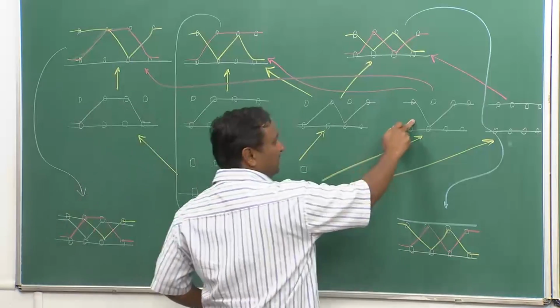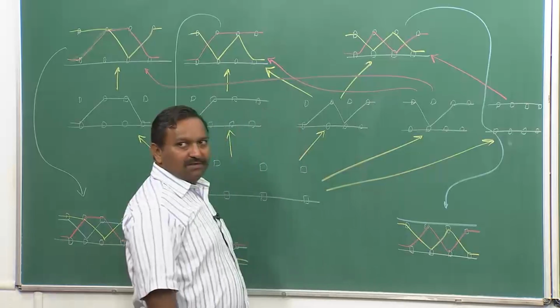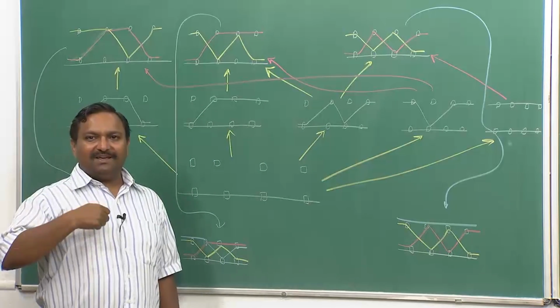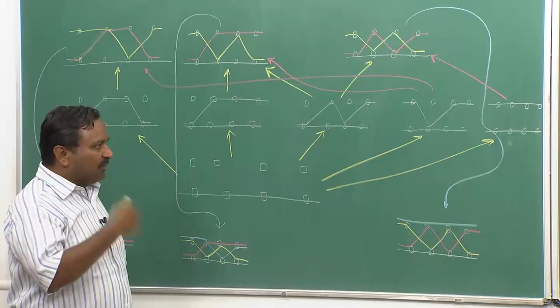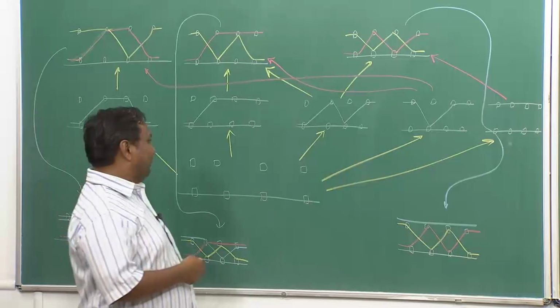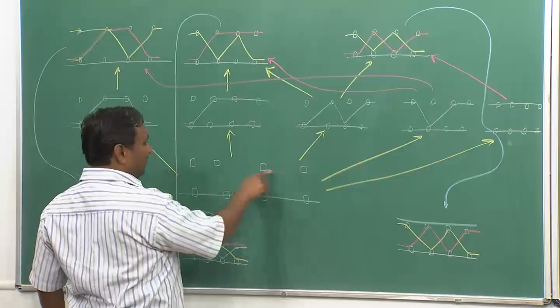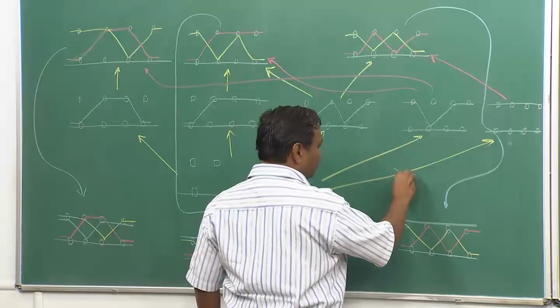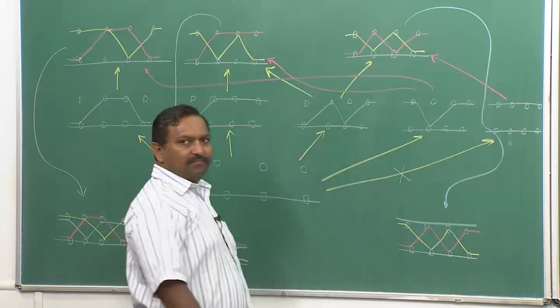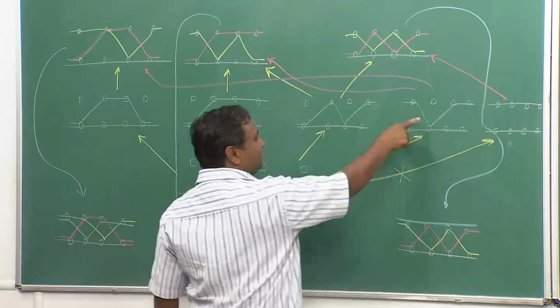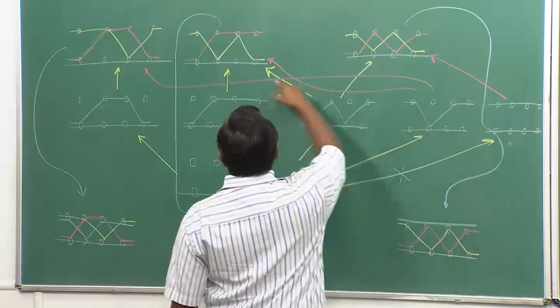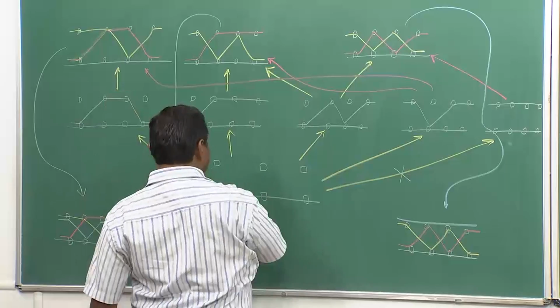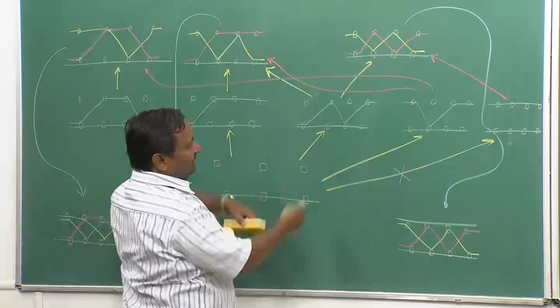I can either go to this or go to this. So, it is my operational algorithm which will tell that when you want to set up a connection from here to here, never go to this state, avoid it. So, this transition is not permitted. So, you have to go to this state, and from there you will be going to these states and then to, of course, this one, and you can come back in the same fashion.